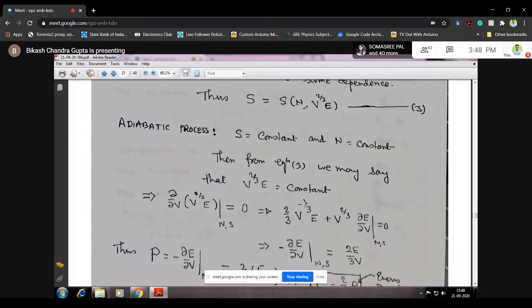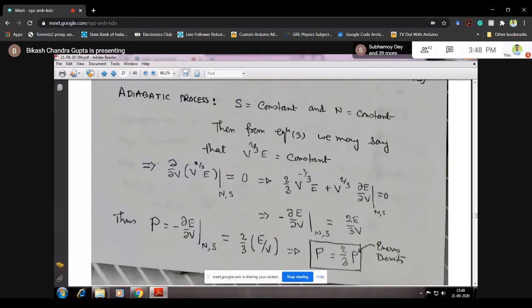Remember these things, because when you appear for the NET exam, in some problems you need to know what the adiabatic process means and what the consequence is, that S and N remain constant. So therefore if S is constant, and S is a function of V to the power 2/3 into E, then this has to be constant, right?